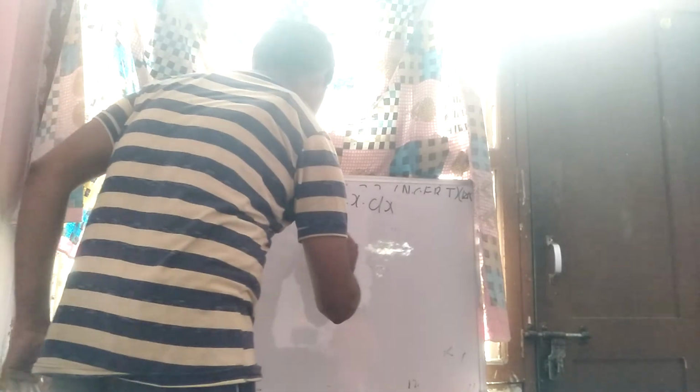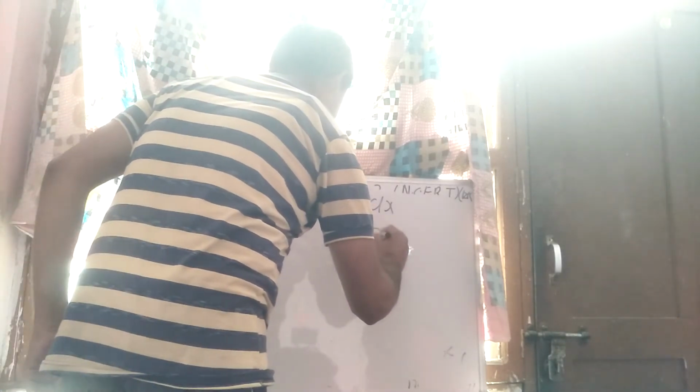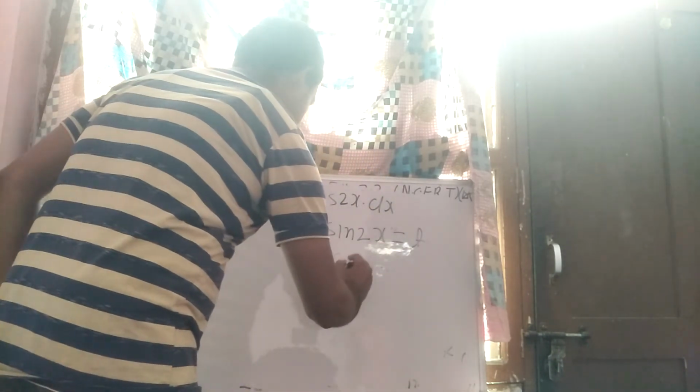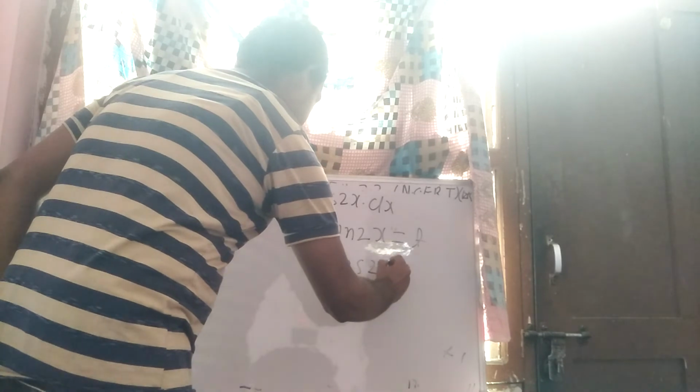Now we have sin 2x. Put sin 2x equal to t. So 2 cos 2x into dx equal to dt.